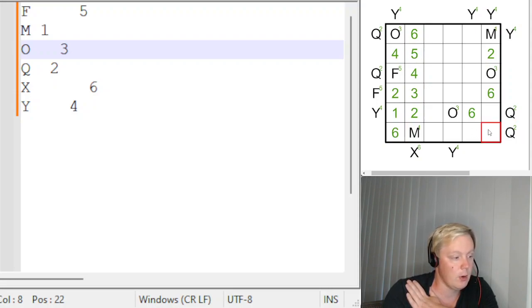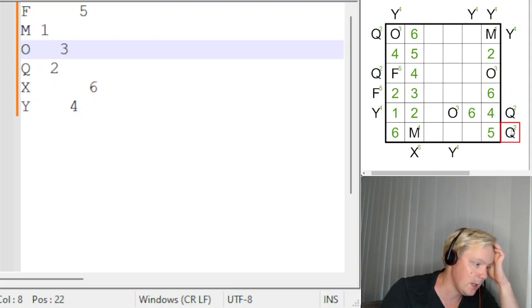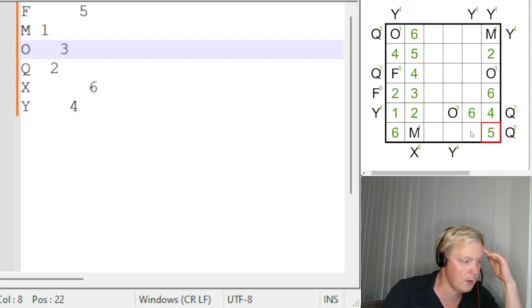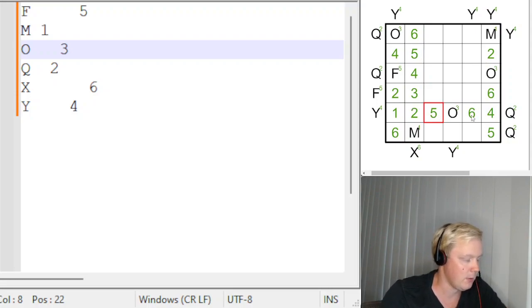So if this was 4, wherever the 5 was, it would be seen by this queue, this 2, making it a 3. So this must be 5. This is a 4. And now this is satisfied. It sees a 5, doesn't see any lower numbers behind it, and it sees a 6. This is satisfied. It sees this and this. And also we know this is a 5, because that's just the last number in the row.